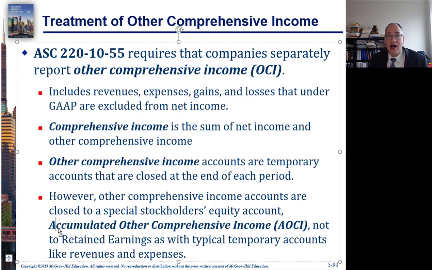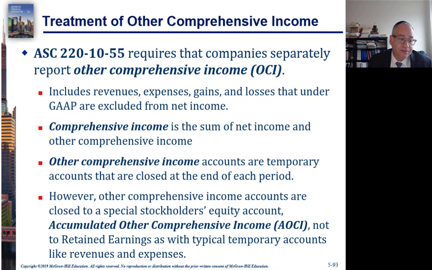If the value of the stock goes up, the gain would go into accumulated OCI. If it goes down, the loss would go into accumulated OCI. And then when you finally sell the security, you would take out all the gains and losses that you put into accumulated OCI, and put them into net income as a recognized gain. And that's how accumulated OCI works.